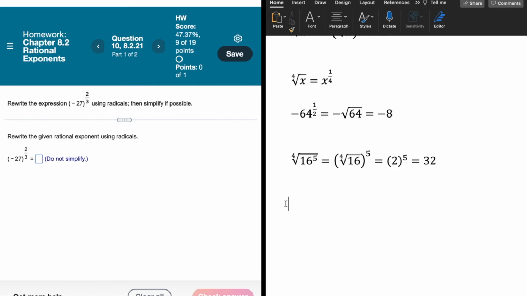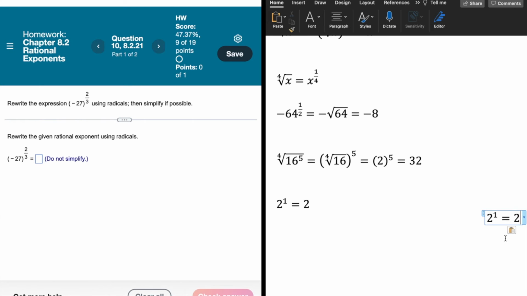So you can write that out nicely for yourself, 2 to the 1st is 2, and underneath that, 2 squared is 4, for maybe the first 6 powers of 2, and then you can go through the same process with 3. 3 to the 1st is 3, 3 squared is 9, 3 cubed is 27, and so on and so forth. If you write down the first few powers, eventually you might start to recognize some of those as they show up in Chapter 8.